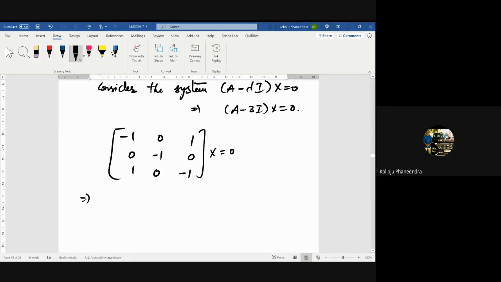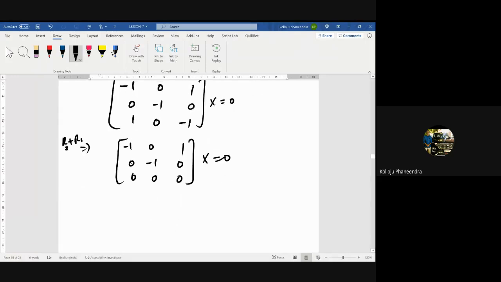So what does this give? Echelon form means what? R3 plus R1. Minus 1, 0, 1, 0, minus 1, 0, 0, 0, 0. That's it, it is in echelon form. Therefore, what is the rank? 2, less than 3, so one independent variable exists.